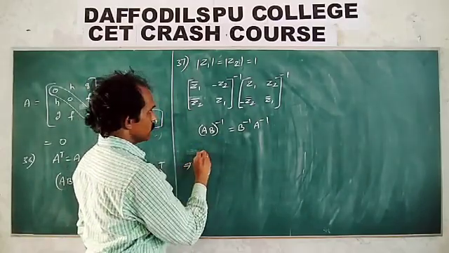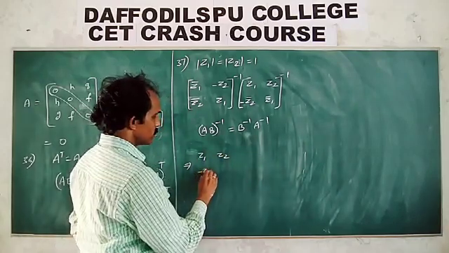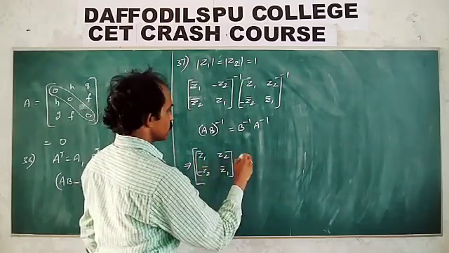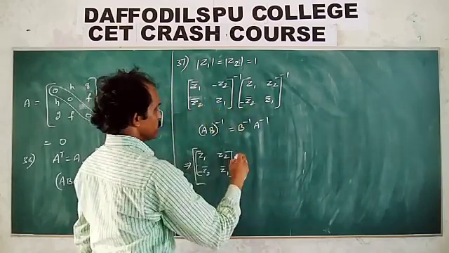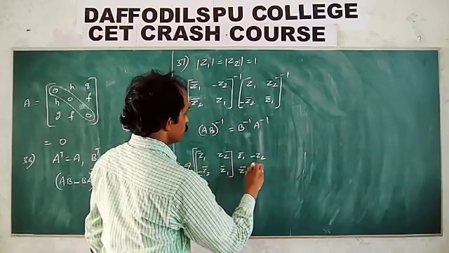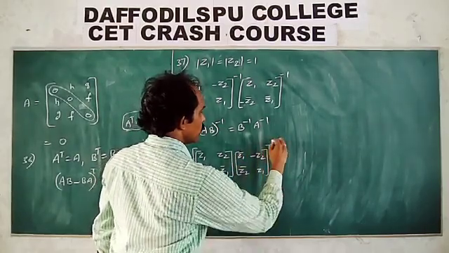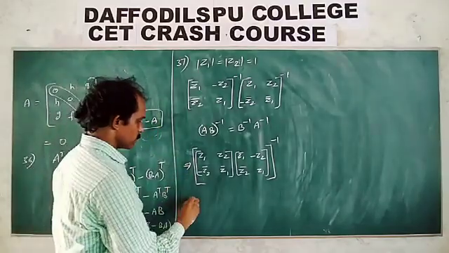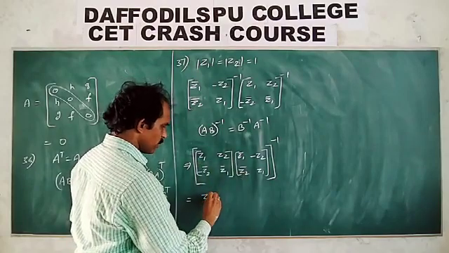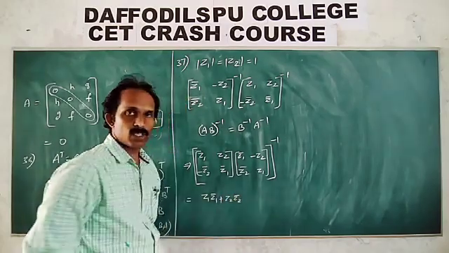That implies Z1, Z2, minus Z2 bar, Z1 bar, into Z1 bar, minus Z2, Z2 bar, Z1, whole inverse. That you will find, right? Multiply. First row, first column: Z1 into Z1 bar plus Z2 into Z2 bar. First element complete.